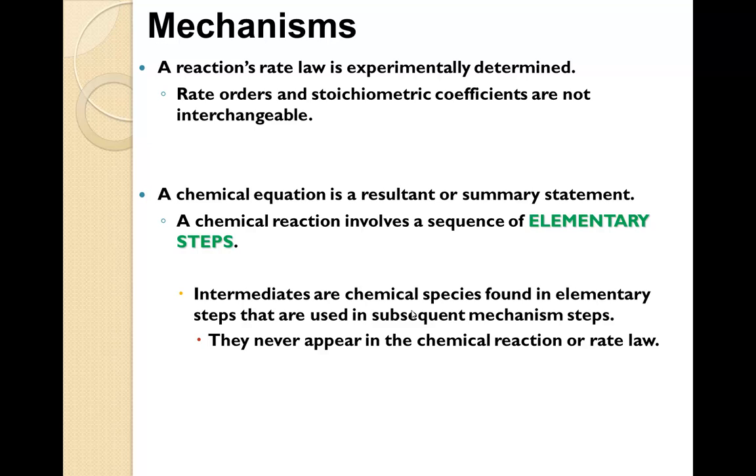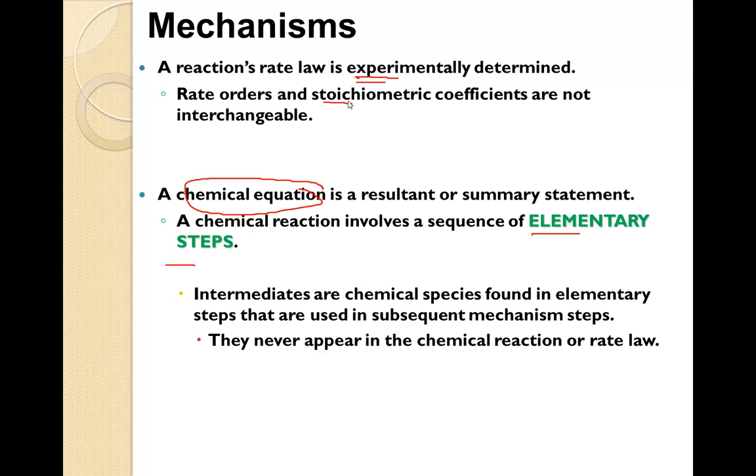The chemical equation is a resultant or summary statement. A chemical reaction involves a sequence of elementary steps. So the chemical equation is removing those elementary steps and just telling you the summary of what's happening at the beginning and what's happening at the end, which is why the reaction rates are experimentally determined and you can't just use the stoichiometric coefficients.